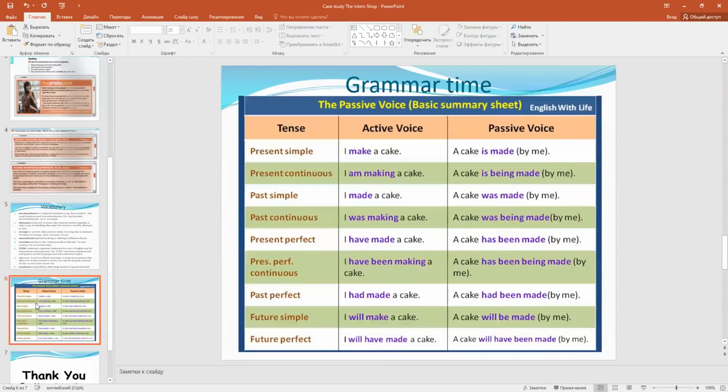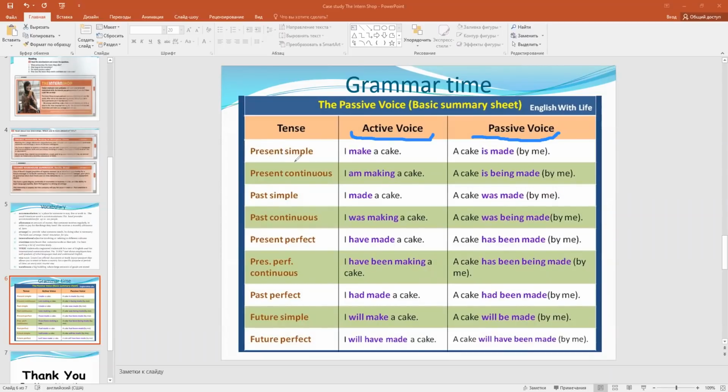Now we have grammar time, and I'm going to ask you what is the active voice and the passive voice. What are they? What is the passive voice? You know, in Uzbek we have it as well, and we call it in English passive voice. So on the right side of this table, you can see different tenses.